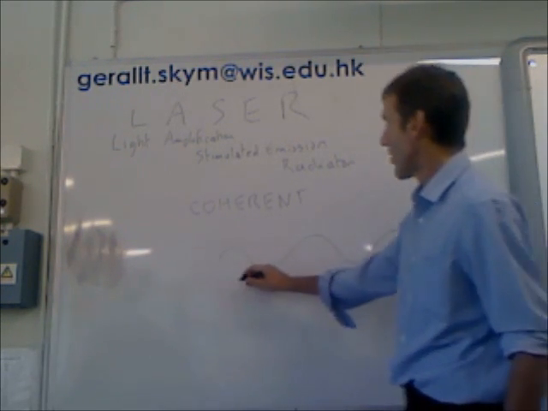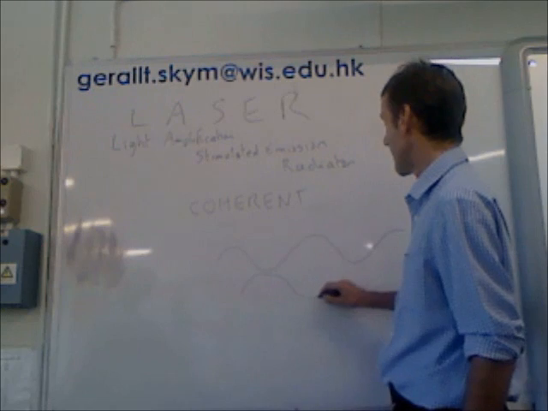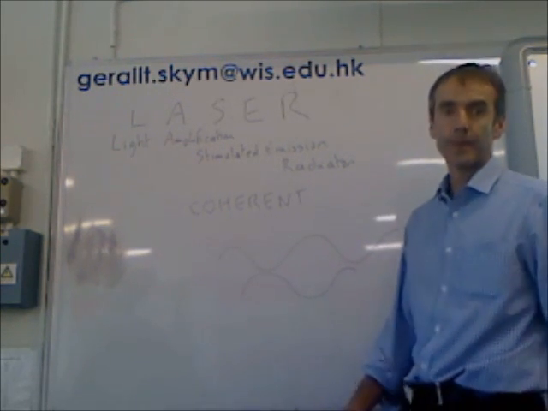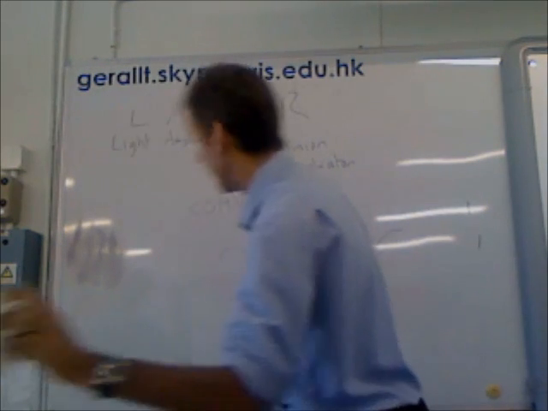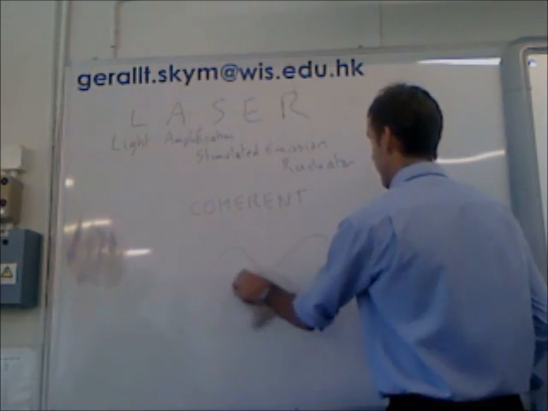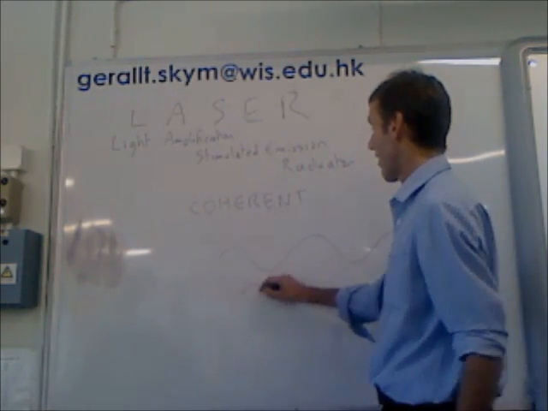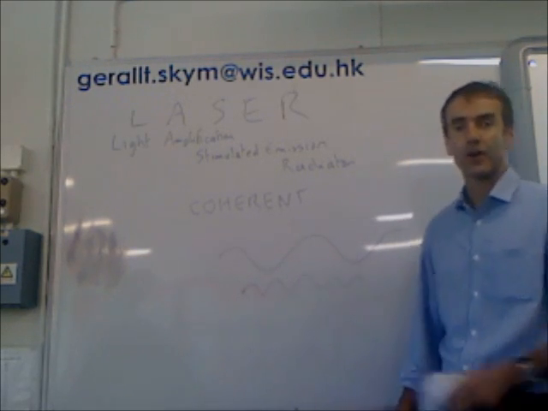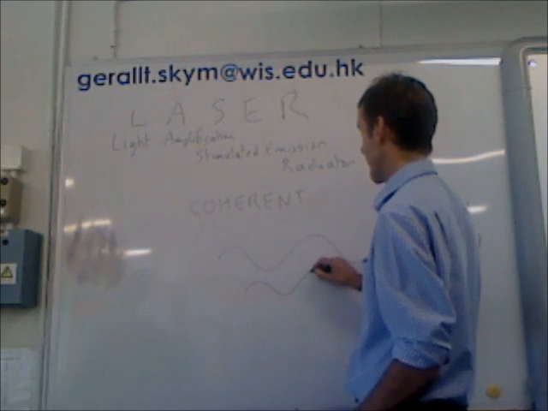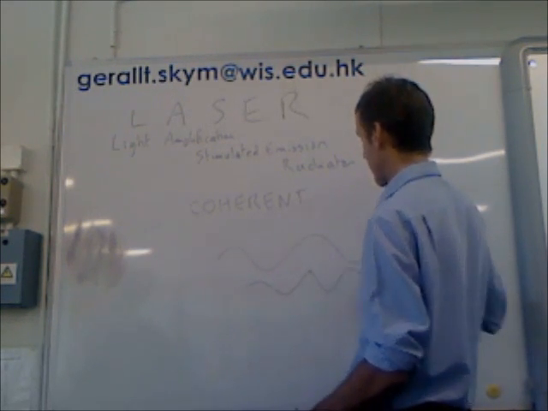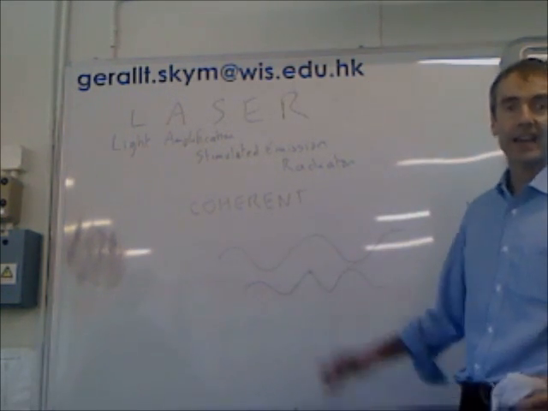If you have another wave, and I'm sure you've done this in another unit, you get interference between the two. And that's going to be a problem. And unfortunately, what happens on a lot of light bulbs is that not only have you got other wavelengths going on, you've also got them starting and stopping at different points. So it starts and stops, and then starts again and stops again. And it all keeps getting in phase, out of phase.